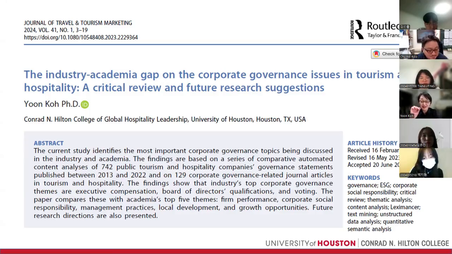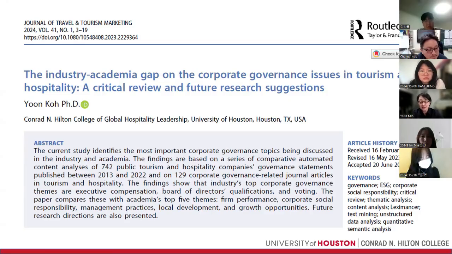There are different items and sections, and Item 10 of the annual report is specifically about the directors, executive officers, and corporate governance. It is under that section that they specifically talk about corporate governance issues. I was curious what the industry is saying about corporate governance issues, and whether the academia is touching that issue or answering their questions. That was the main idea.